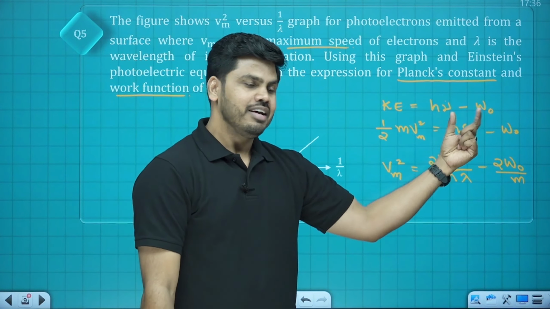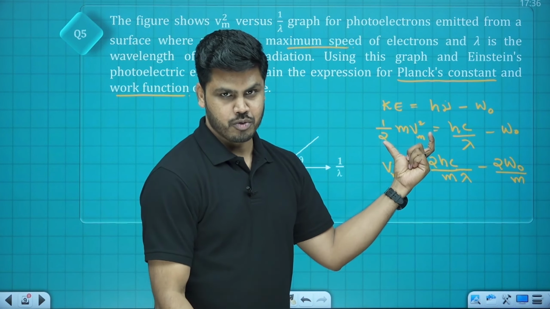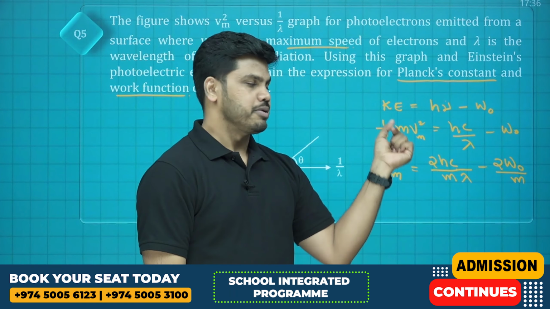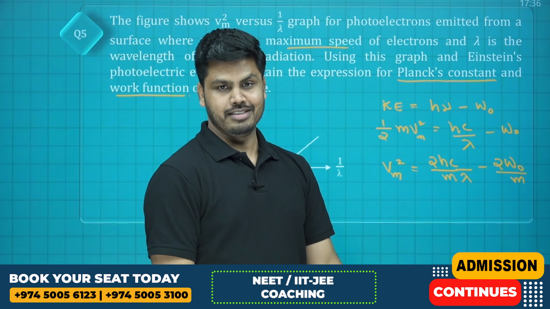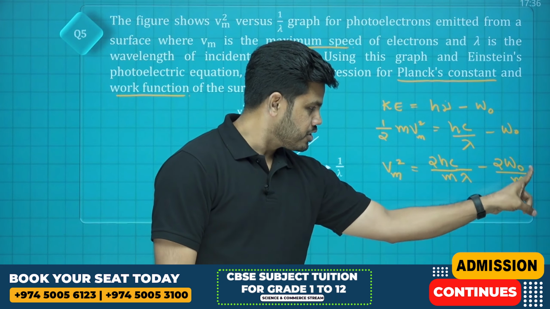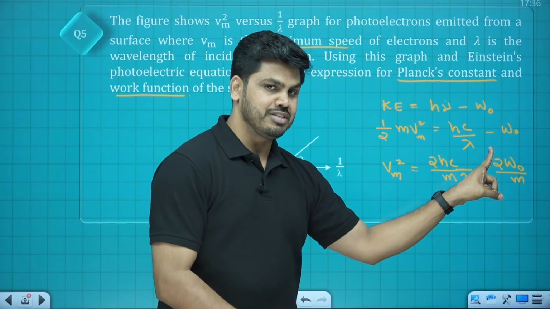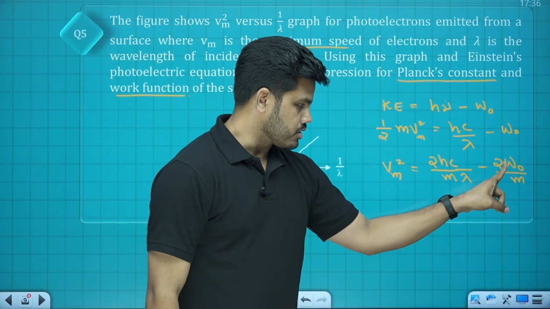What changes did we make? Kinetic energy is represented as half m Vmax square, because it is the maximum kinetic energy, and instead of frequency we wrote it in terms of wavelength. Now, for a given photosensitive material, the work function is a constant.